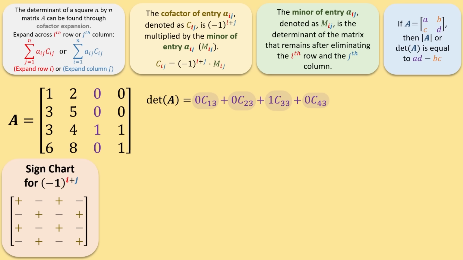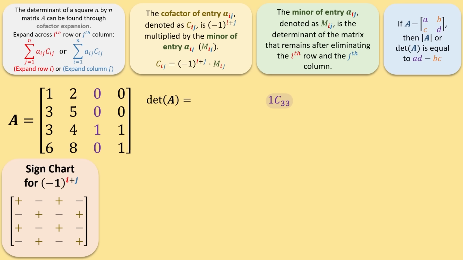What do you notice about 3 of these terms? 3 of them have 0 times a cofactor. So regardless of what the cofactor is equal to, the 0 is going to dominate it and make it 0. So really, the determinant of A using column 3 is going to be equal to 1 times C33.